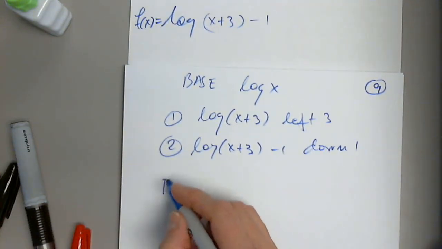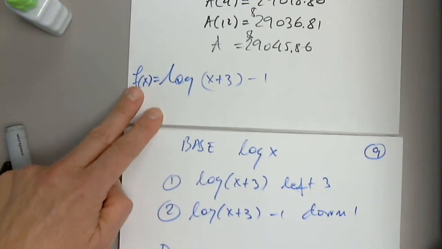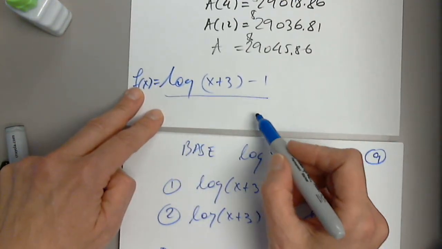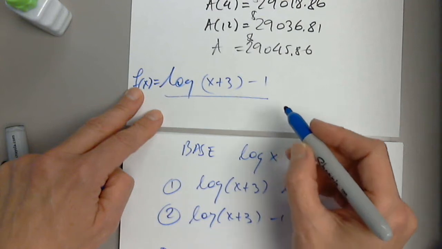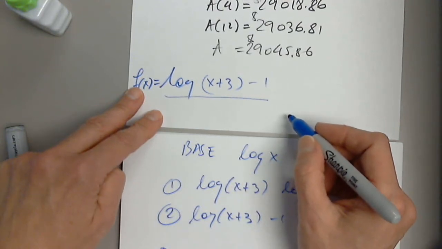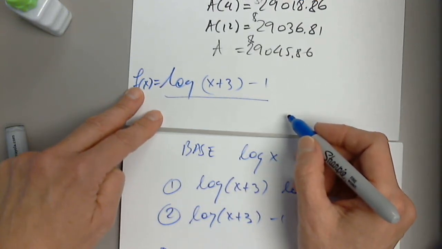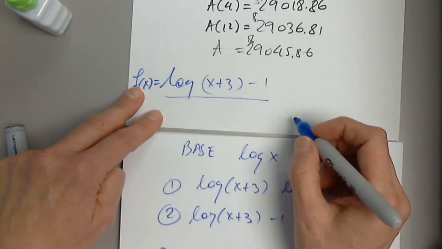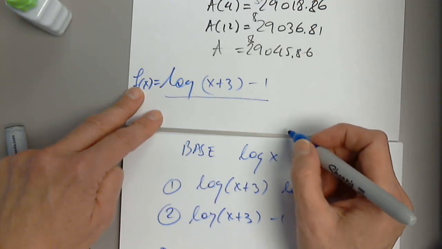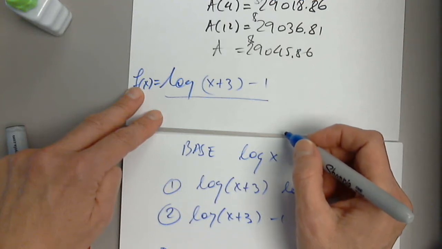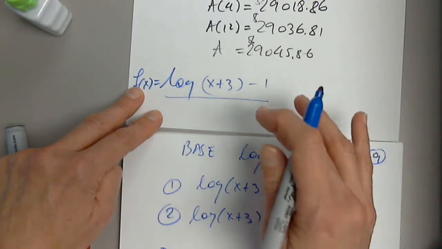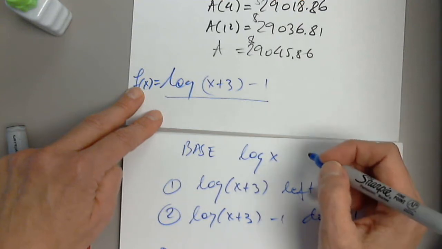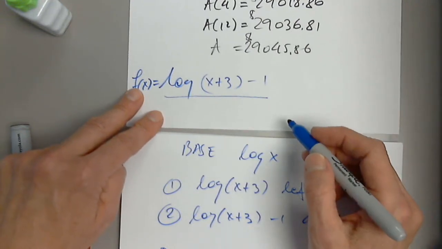Now, what is the domain of this function? What should I write for this to exist? Correct. But what do I have to write? We just solved the log equation about 20 minutes ago. What did we write for that log equation? We have to write the same thing for this function as well.